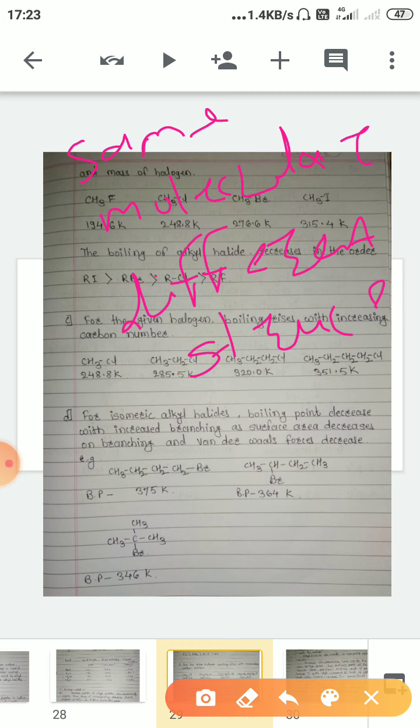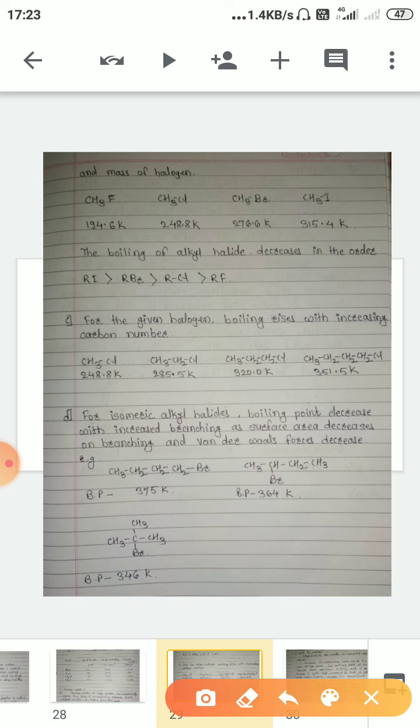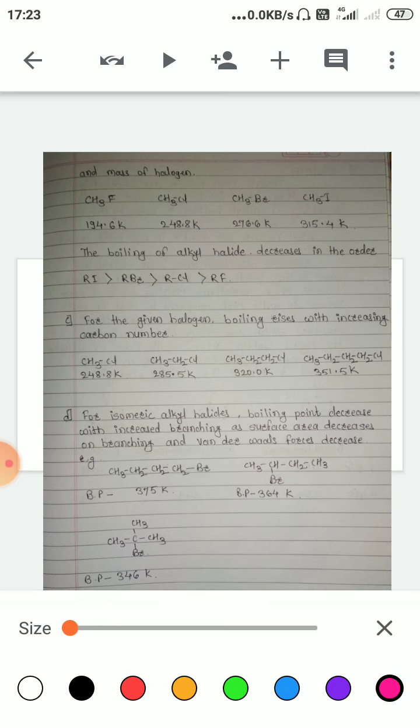Here we have considered butyl halides, butyl bromides, with the formula C4H9Br. So you can check this for all the compounds.